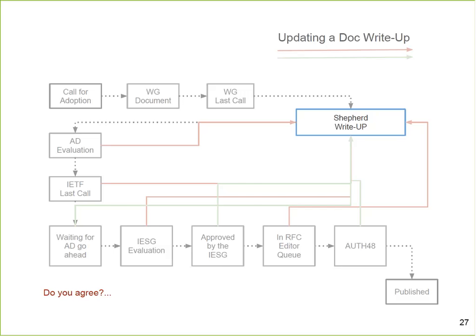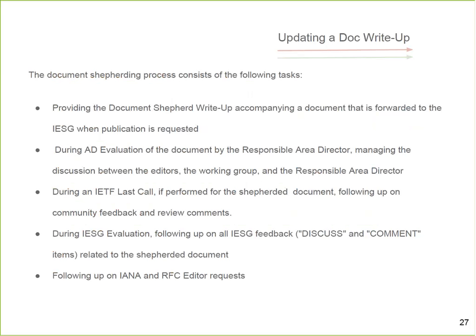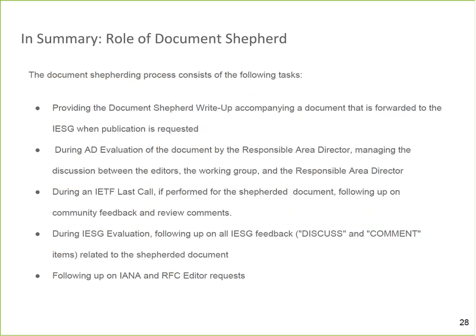Okay, thank you. In summary, the role of the document shepherd, like Alia said, will be to provide the document write-up and keep and review it during AD evaluation, IETF last call, and follow the discussion, and take dialogue with the author, AD, and the chair in case that's necessary, and follow up with IANA and RFC editors.